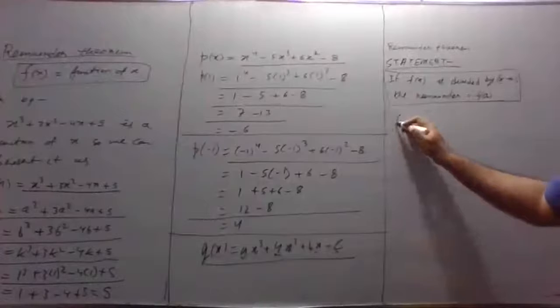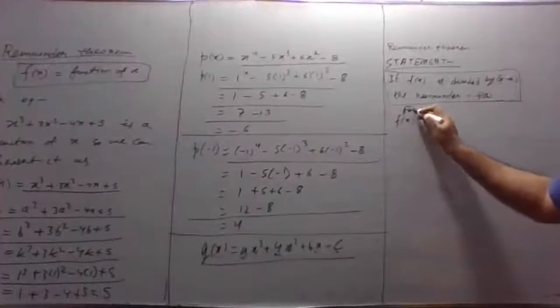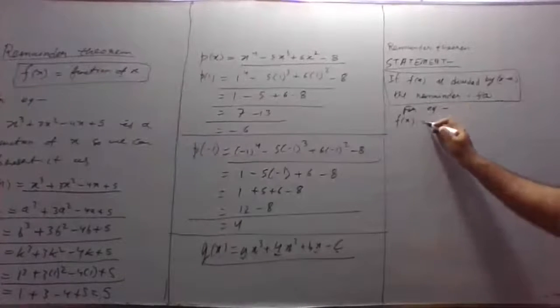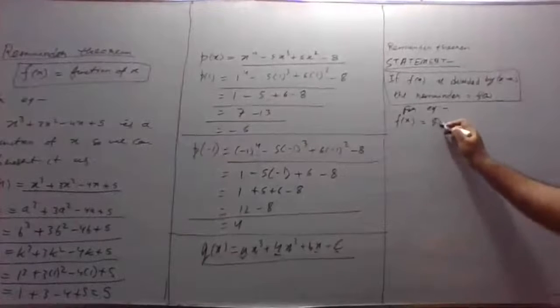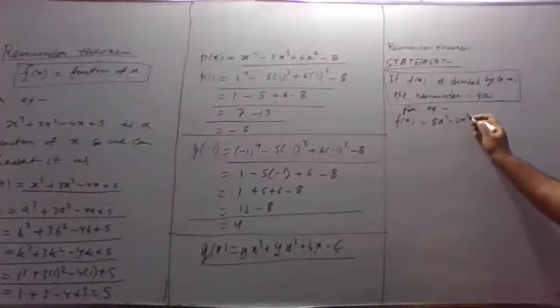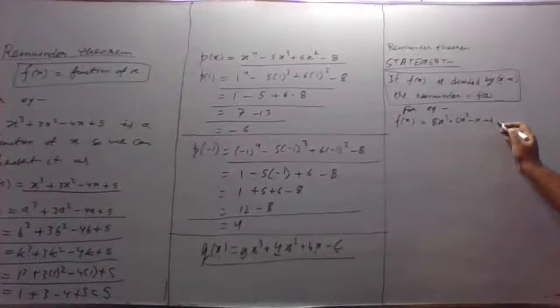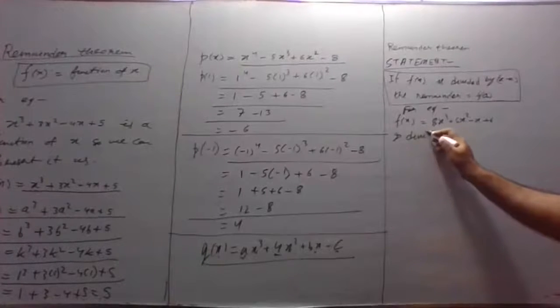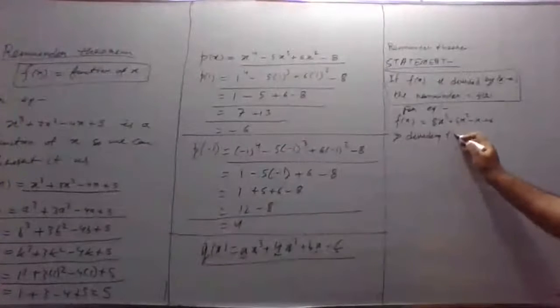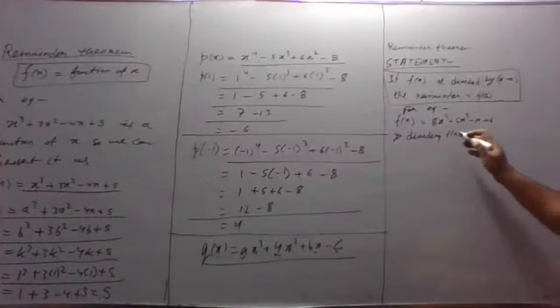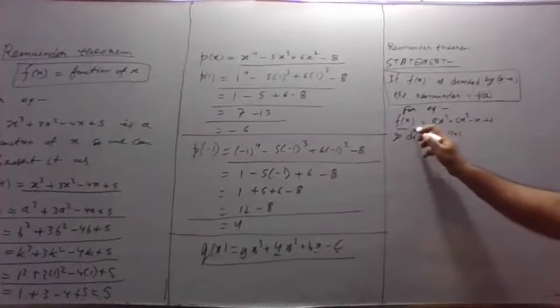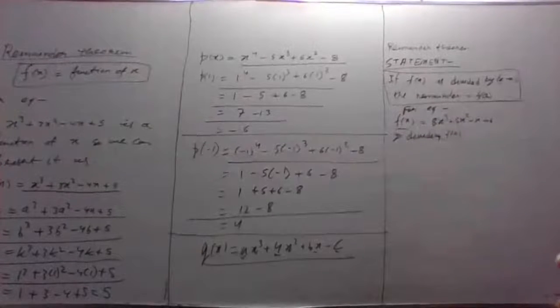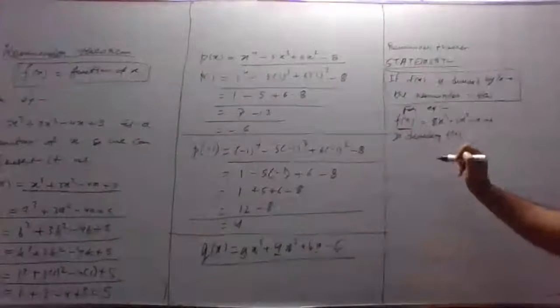It means, for example, if we take f(x) equals 8x cube plus 5x square minus x plus 6, and dividing f(x). For writing it in short, short abbreviation, we use f.